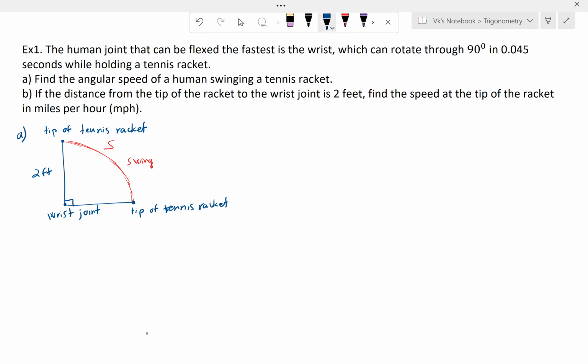What that tells us is that we can figure out the angular speed. That would just be the angle divided by the time t.